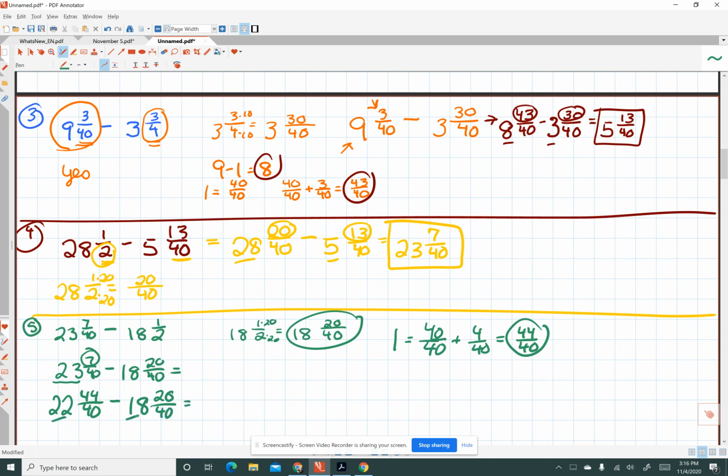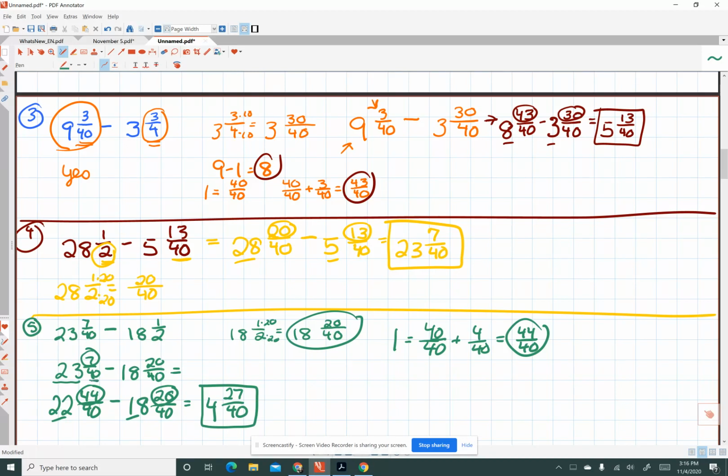Now 22 minus 18 is 4. 47 minus 20 is 27. And that's a final answer. That cannot be simplified as well. So we took 1 from 23 and made it 22.